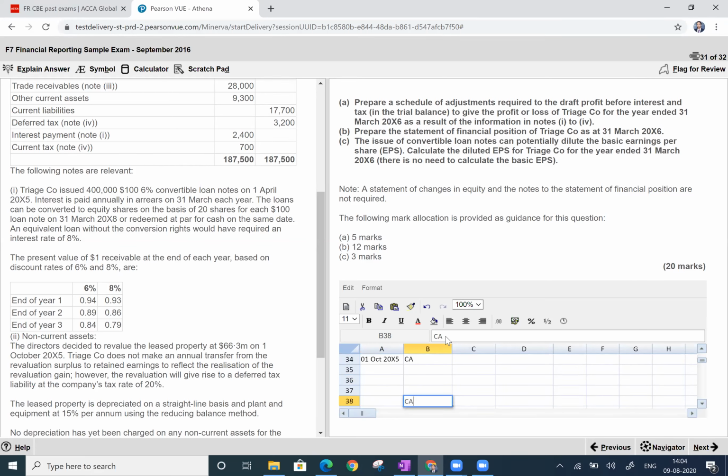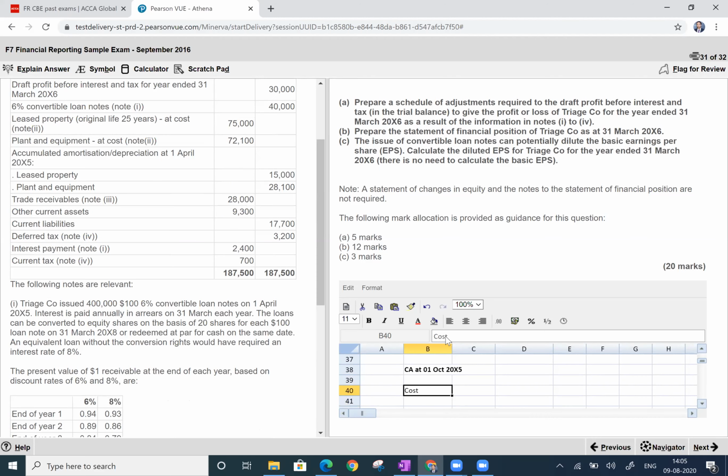So another working for carrying amount, or if you are good in Excel and you don't mess up, you can show it there itself. I'm showing separately the carrying amount at 1st October X5. So what have they given with respect to leased property? They have given cost. How much is the cost? 75,000.